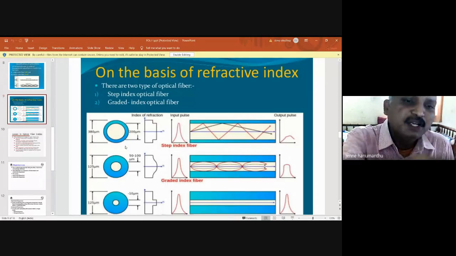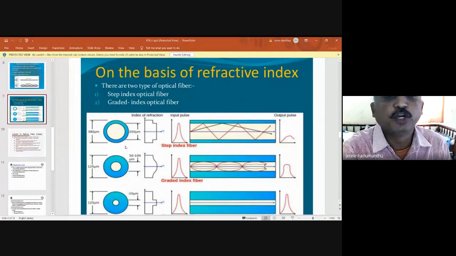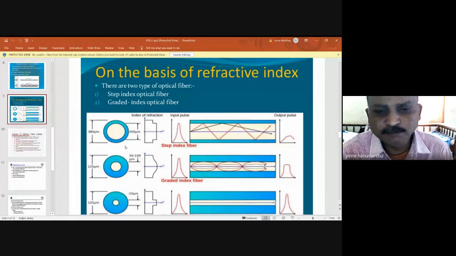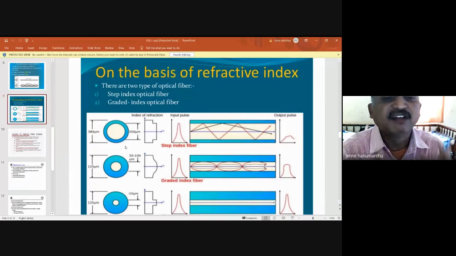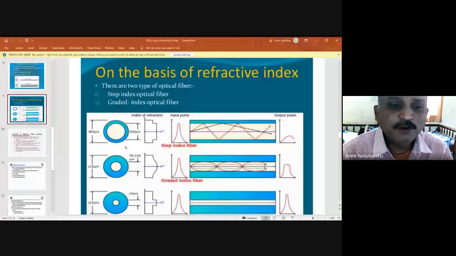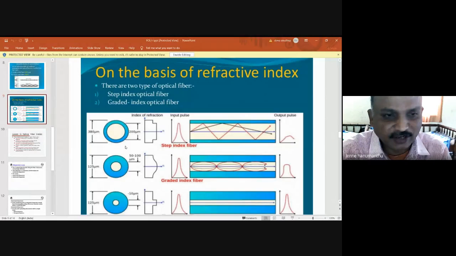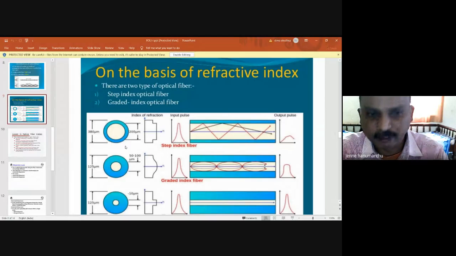The cable should be bent accordingly. So the cable has some curvature. The fiber is going to be bent. We need to bend it. But the question is, how much bending of the fiber is possible? So we need to bend the fiber, fine. But when the light is going to propagate through the core of the fiber, what happens?